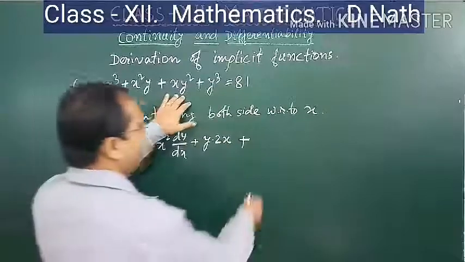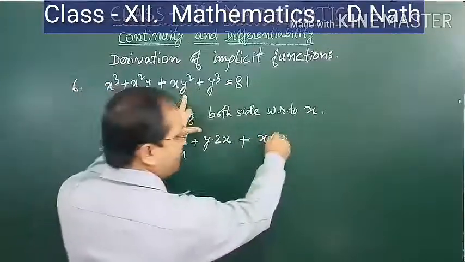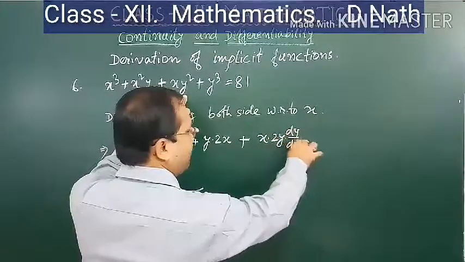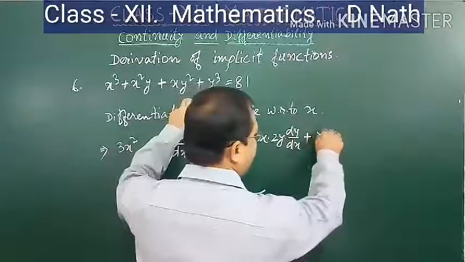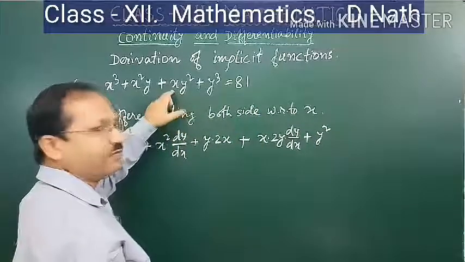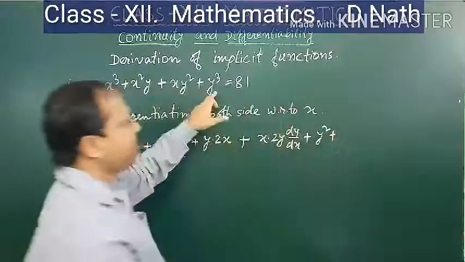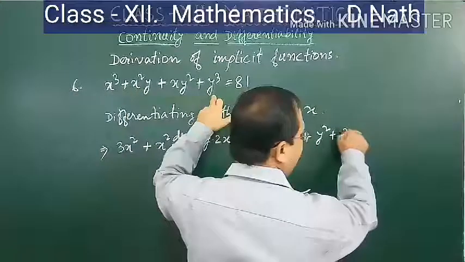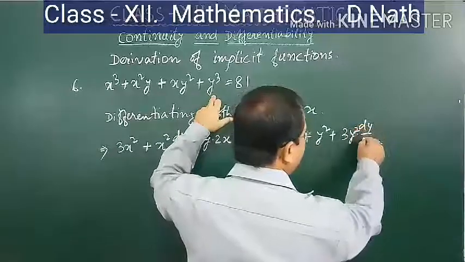So xy square, how to do it? First term means x into ddx of y square. y square is 2y dy dx plus second term into ddx of first term, plus y square into ddx of the first term x, so it is 1, plus ddx of y cube, so it is 3y square into dy dx.